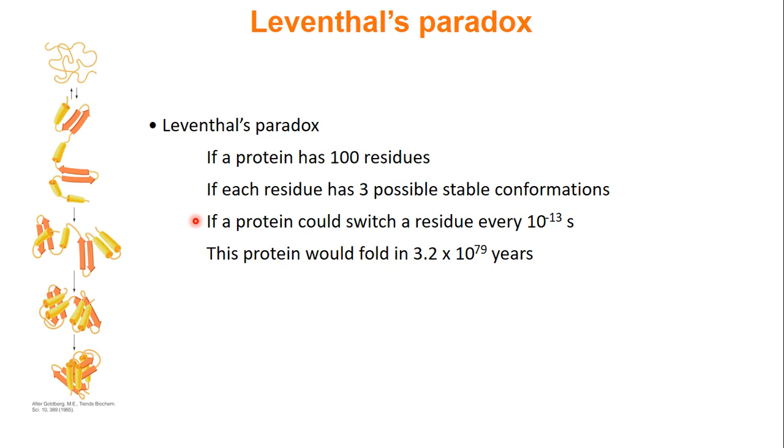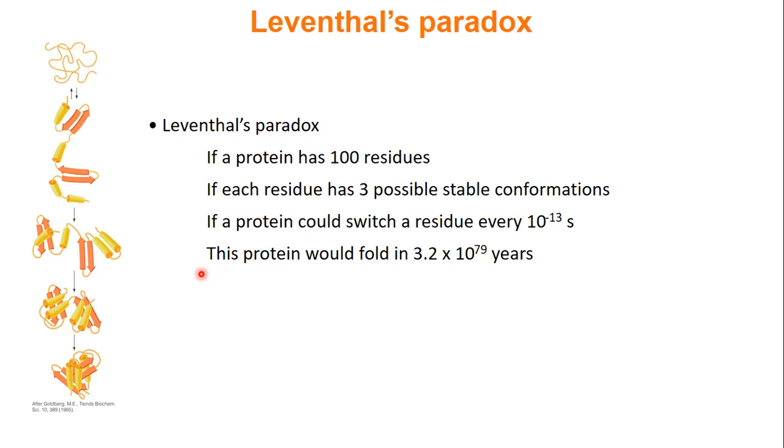And let's say you could switch one of these conformations every 10 to the power of minus 13 seconds, or roughly 0.1 picoseconds. What that means is your protein would fold on average in 3.2 times 10 to the 79 years, or much longer than the age of the universe.